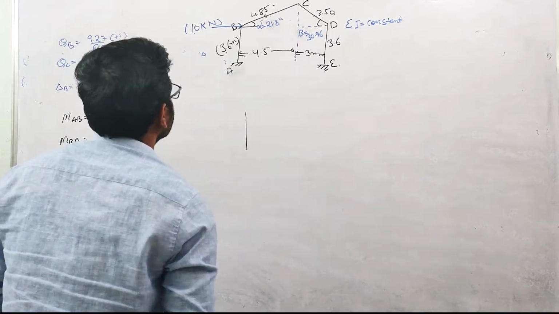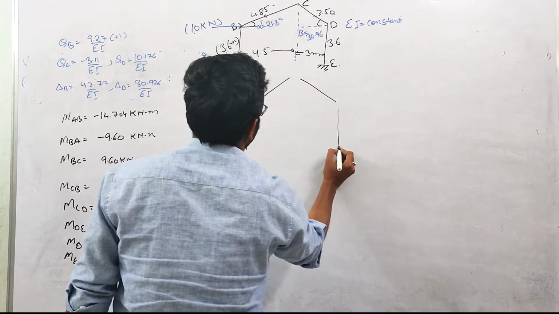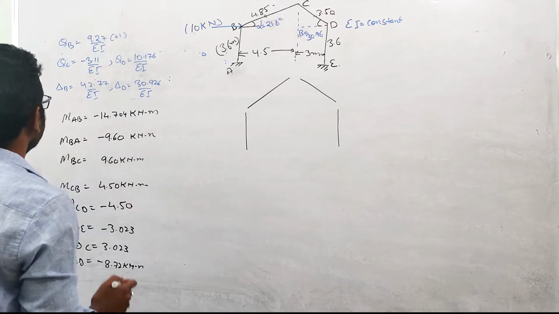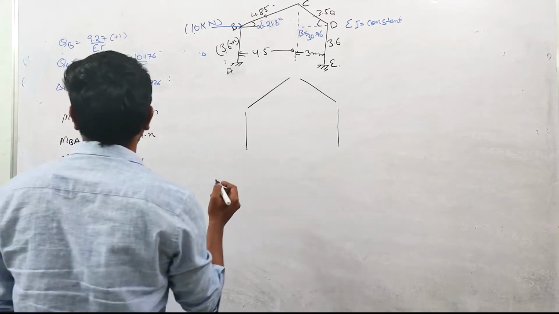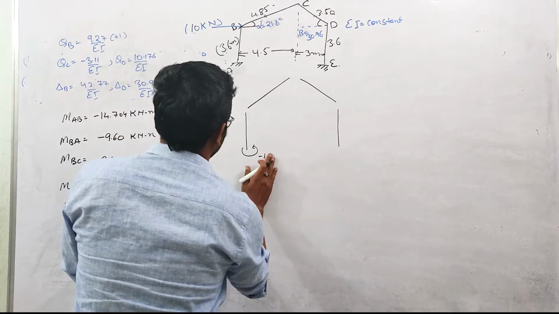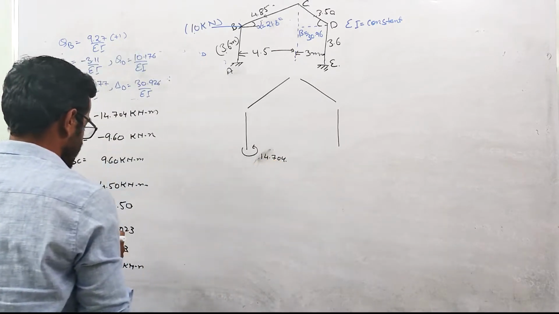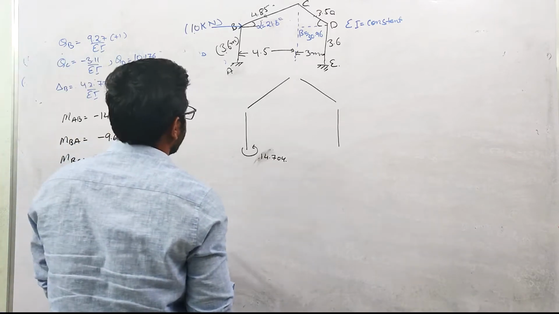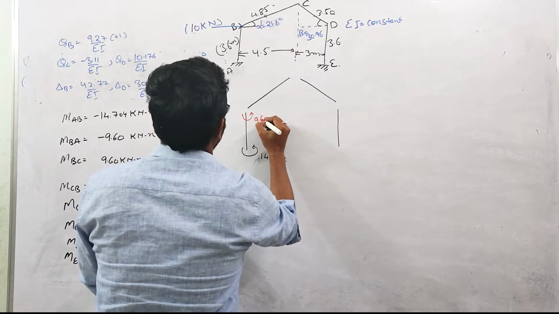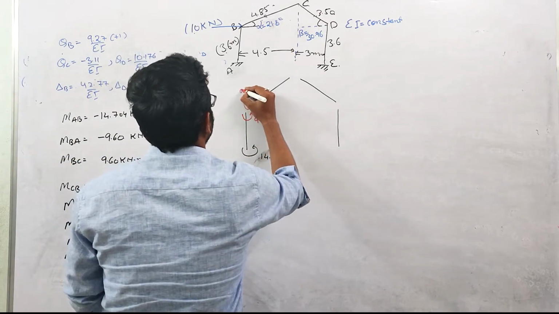For AB, let us show how the end moments are acting on this frame. This is minus 14, this is anti-clockwise, so this is 14.704. Here again there is anti-clockwise moment and the value is 9.60. MBC is clockwise, so this is 9.60.